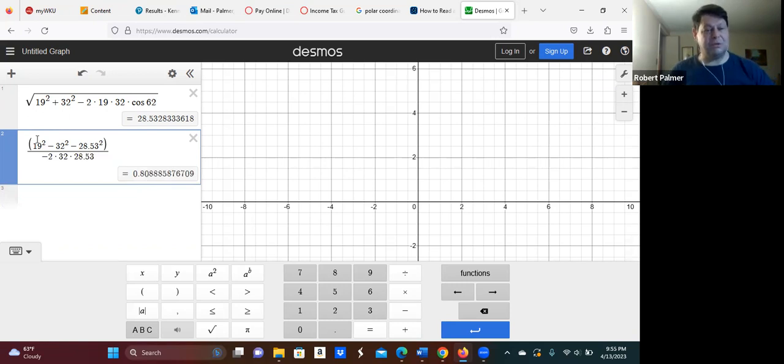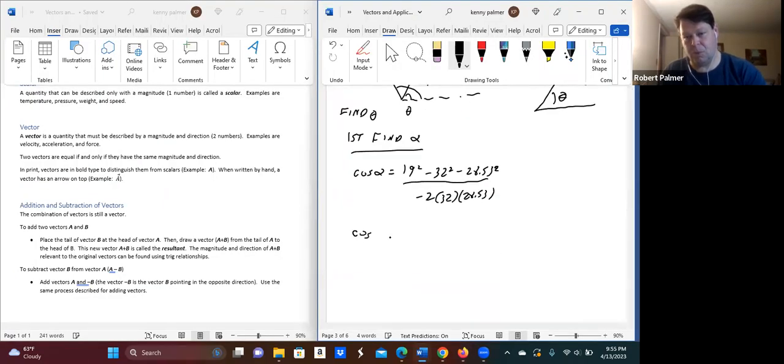Okay, and what that gives us, as you can see, let's use about 5 places here, is 0.80889. Okay, then if we take the inverse cosine of both sides, this gives us alpha is equal to the inverse cosine of 0.80889.